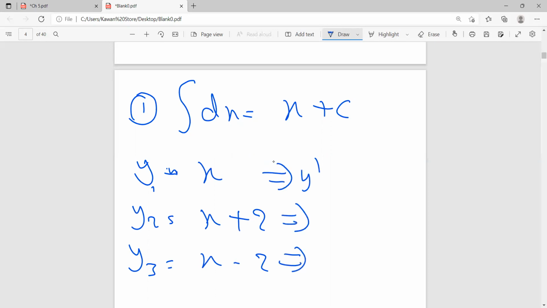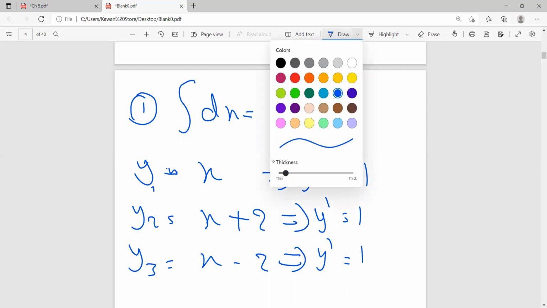They are all equal to 1, 1, 1. Am I right? So all of them are equal to 1. If I want to get back to the other side, I take an integral, right? So if I take an integral, I'll get what?